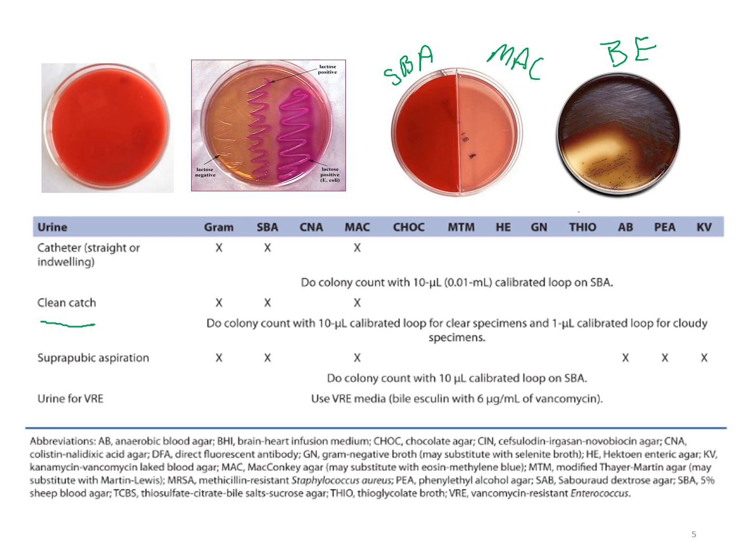So sometimes you may see these plates come in from physicians' offices as well. But as you can see, pretty much the same media is used for all of the specimens except when you're dealing with a suprapubic aspiration, and there's some additional media that might be added for that.